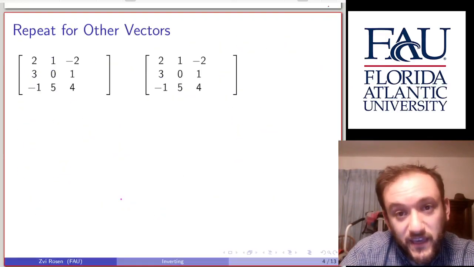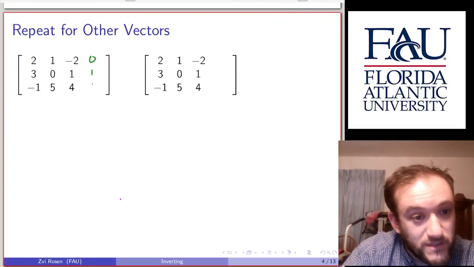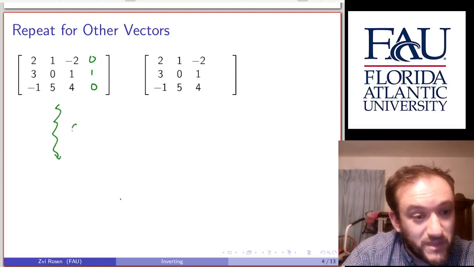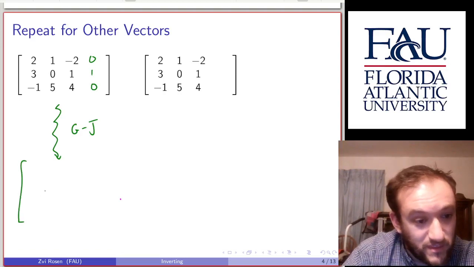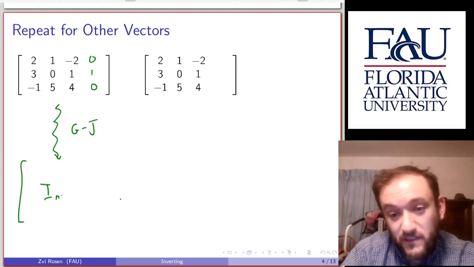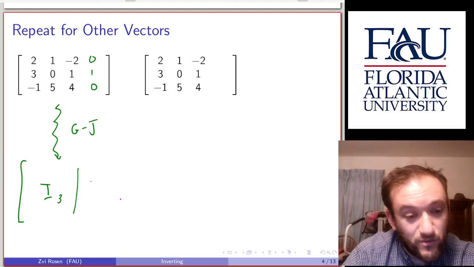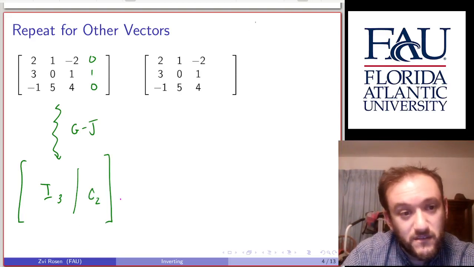So we would plug in 0, 1, 0 here, then do our Gauss-Jordan elimination, and we would end up with the 3 by 3 identity matrix here, and over here we'll get the second column of the inverse matrix.